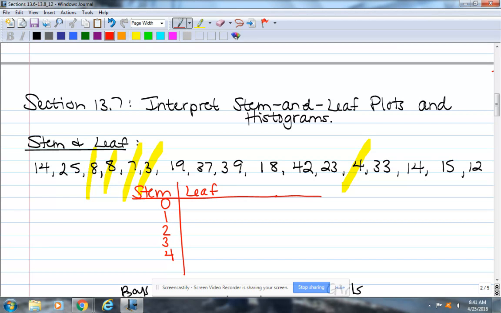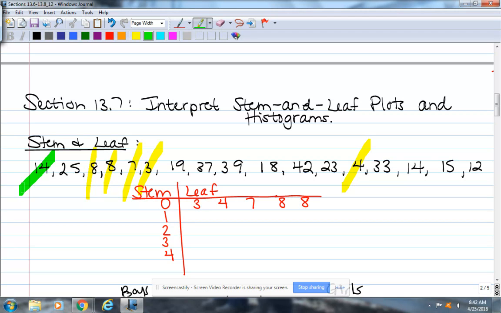What is my lowest of those single digits? 3. Spacing them out. And then a 4, a 7, and then an 8 and an 8. Is that all of them? All right, so I'm going to do all my teens next. That's all of them with a 1 in front of them. I'm going to highlight those green.